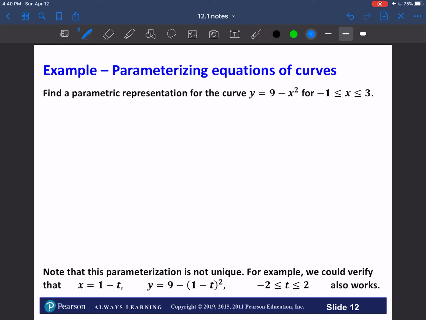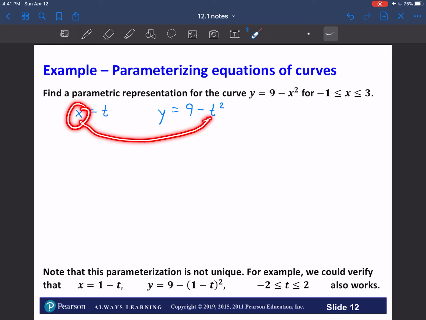Since it is a function of the variable x, we may say that x equals t and y equals 9 minus t squared. And it's easy to see that you could just plug in x right here and you would get back your original function, y equals 9 minus x squared.